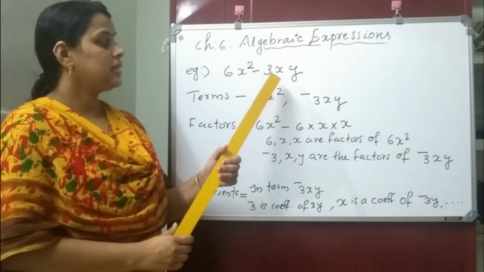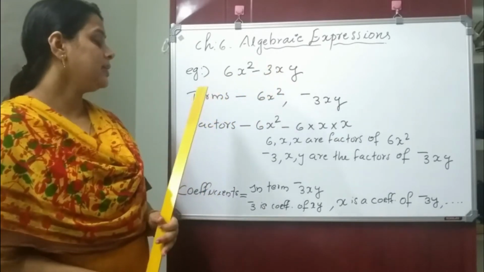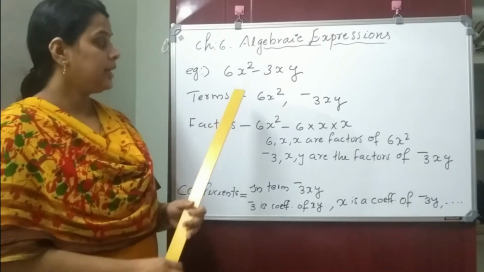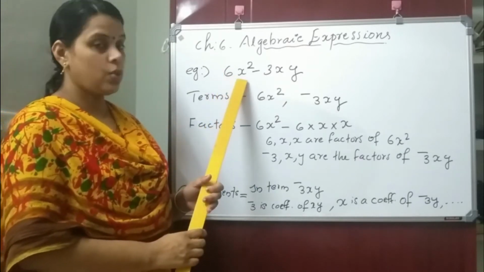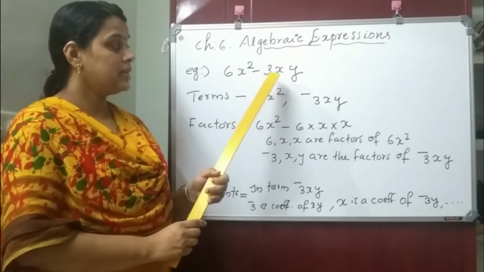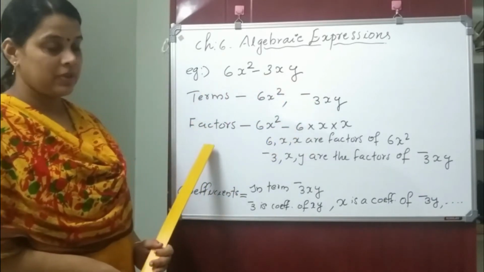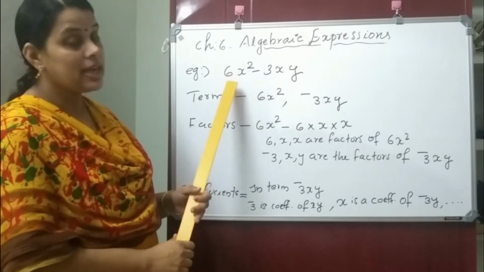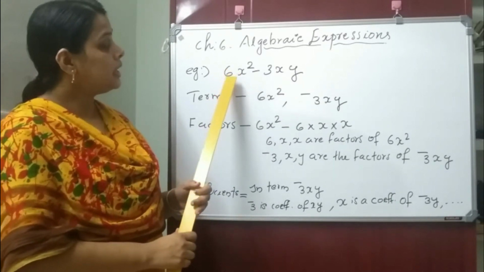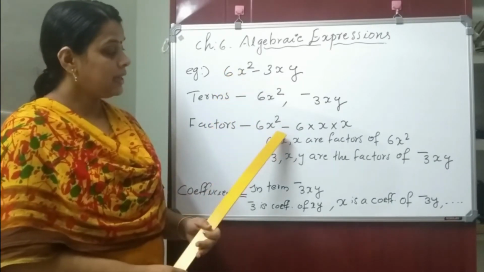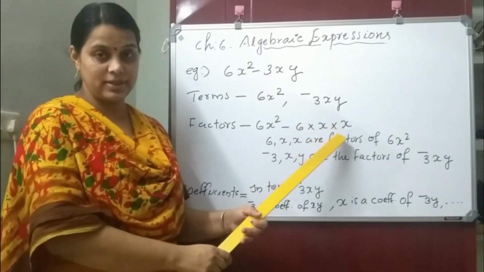We can check one more example: 6x square minus 3xy. In that, the terms are 6x square and minus 3xy. Then factors, we can say term wise. The term 6x square, we can write as 6 into x into x.